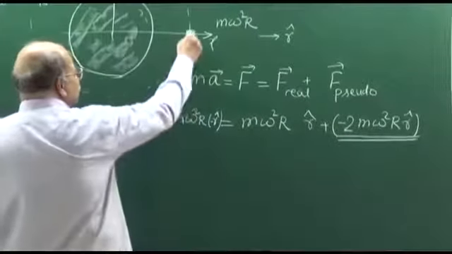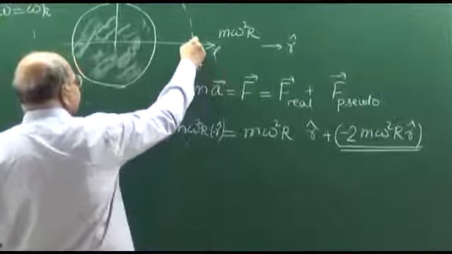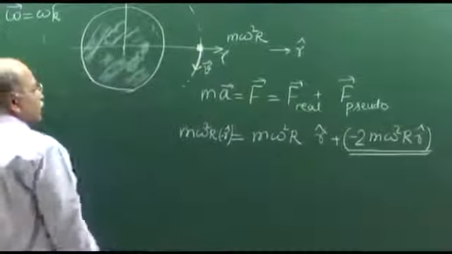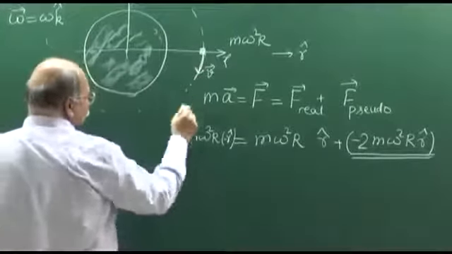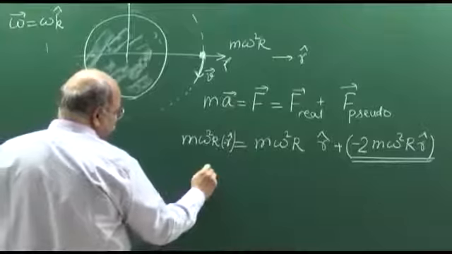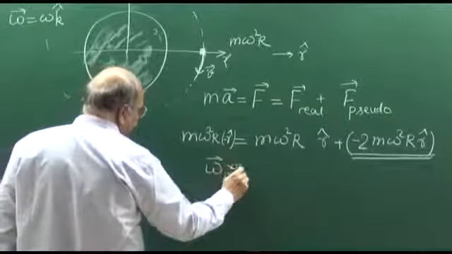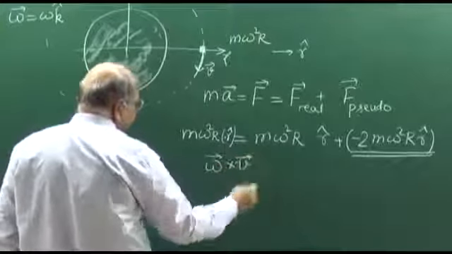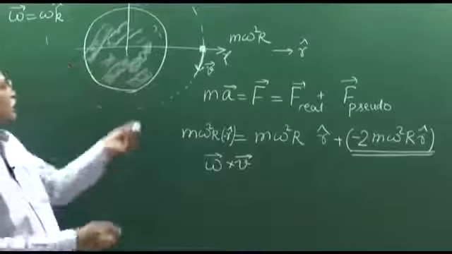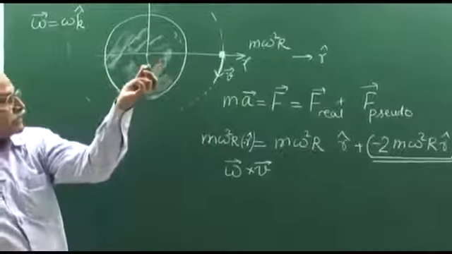If you see, the velocity is in this direction, this is the velocity at this instant, it is going in this circle. So, you can see, what is omega cross v? Omega, remember, is in z direction.